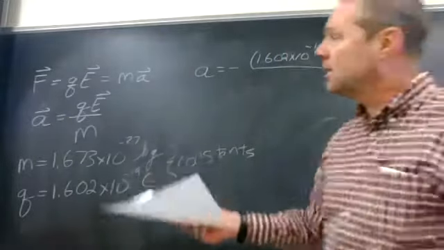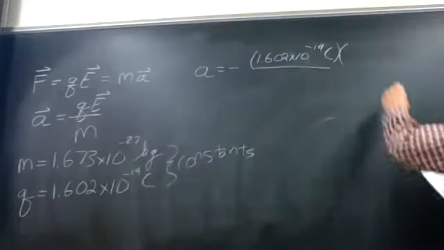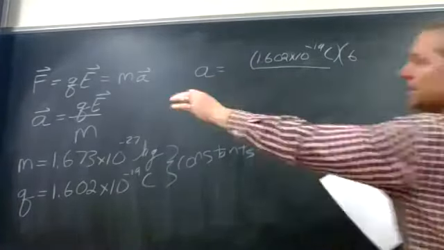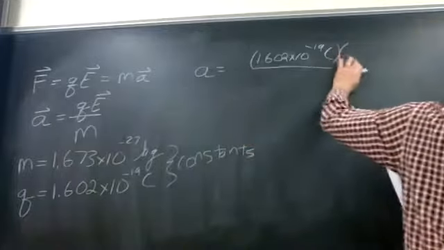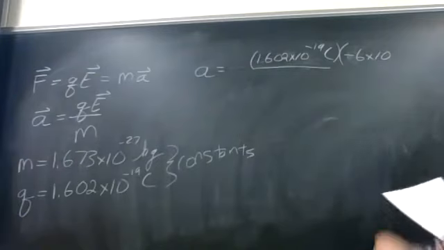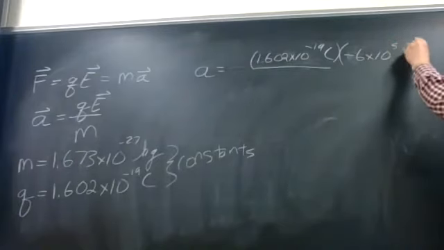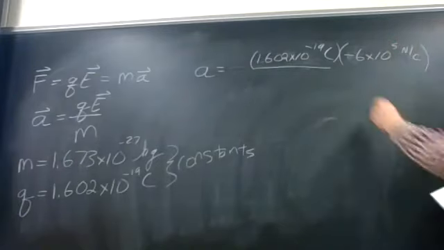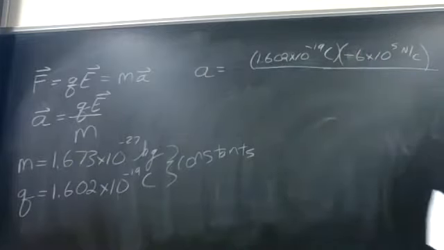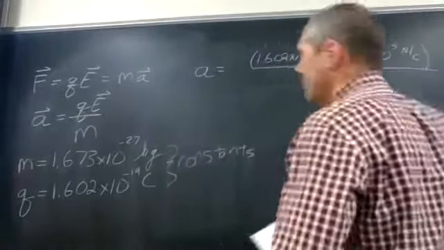Our electric field is given to us, and this is going to be negative 6 times 10 to the 5th newtons per coulomb. Sorry, there's where our negative comes into play. So it should be negative. And then we've got the mass.